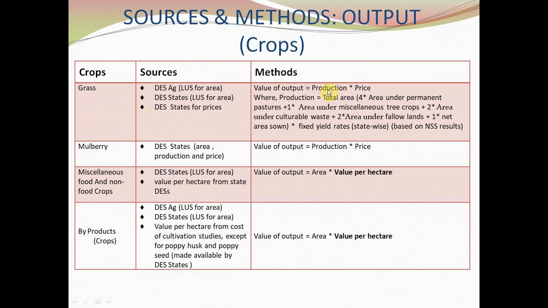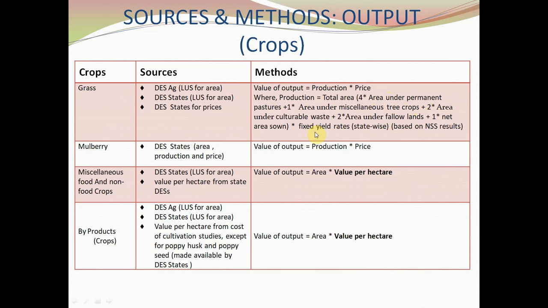Value of output is calculated by using production into price, and production is taken as a weighted average of area under permanent pastures, area under miscellaneous tree crops, area under cultivable waste, area under fallow lands, and net area sown. These are used for calculating total area, and weights are used as 4, 1, 2, 2, and 1.